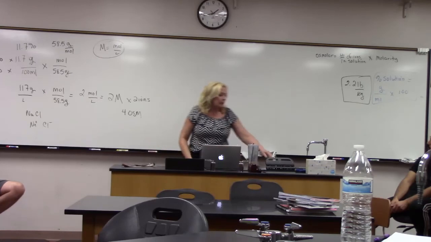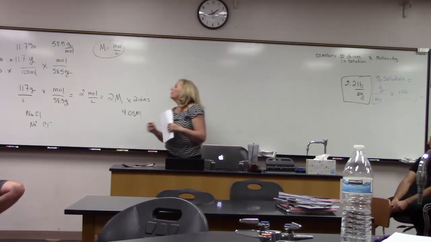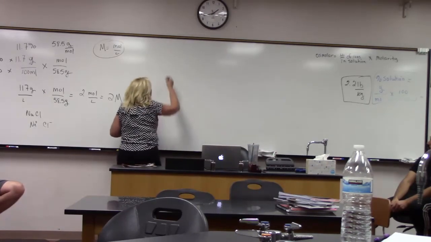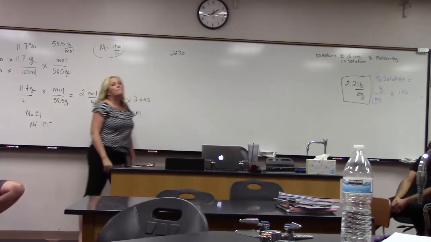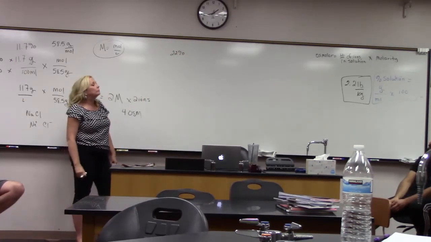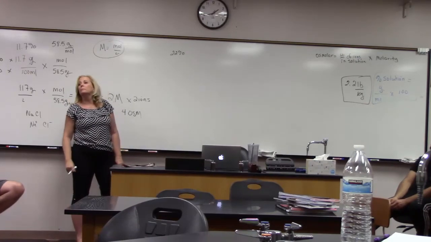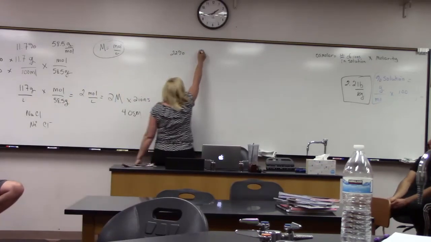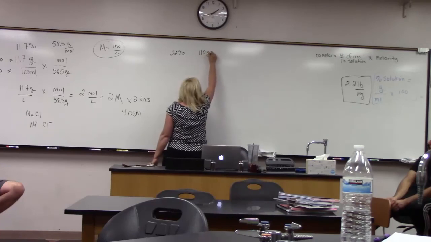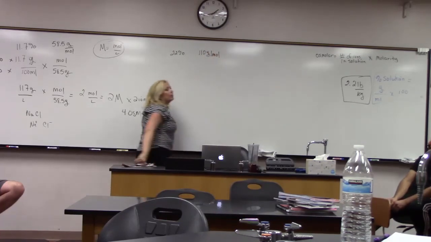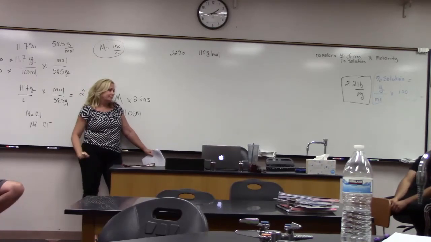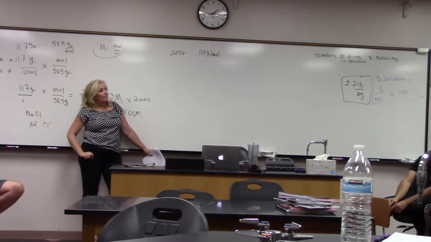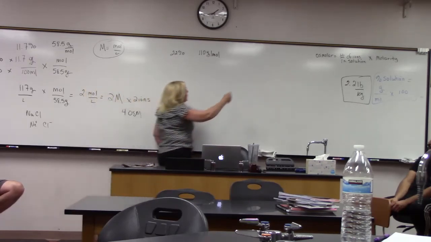Okay, so we're doing calcium chloride, and we have 22%. What else do I need to know? Calcium chloride is 110 grams per mole. Excellent. What else do I need to know? The number of ions. Okay, so it's going to be 3 ions.